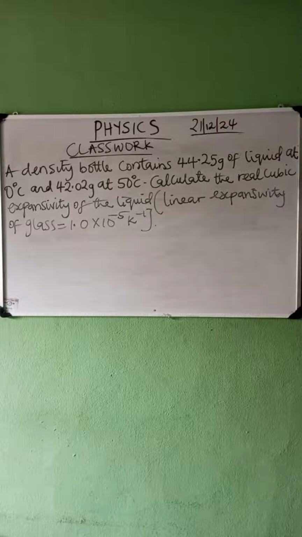A density bottle contains 44.25 grams of liquid at 0 degrees Celsius and 42.02 grams at 50 degrees Celsius. Calculate the real cubic expansivity of the liquid.